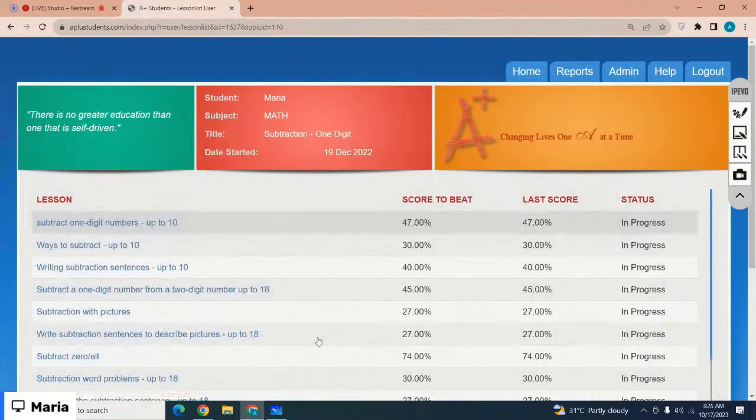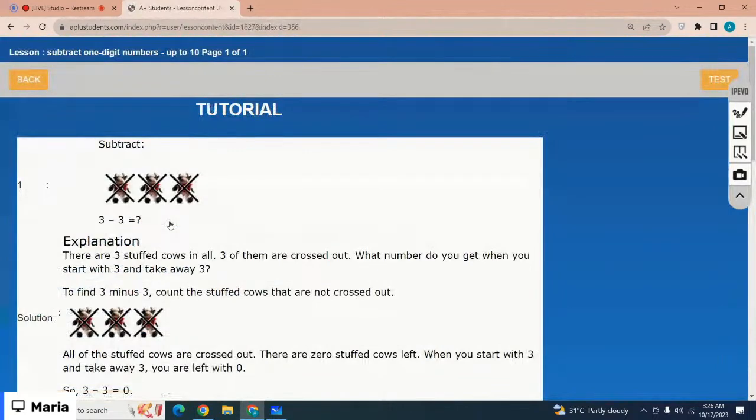Okay, subtract one digit numbers up to 10. So let's just start with your first lesson. Subtraction means taking away a specific number from another number, right? For example, you can have 3 take away 3, right?